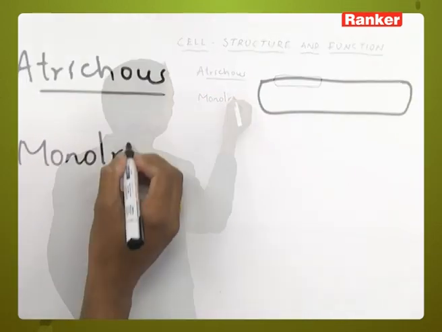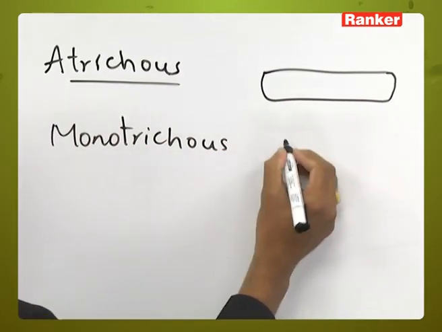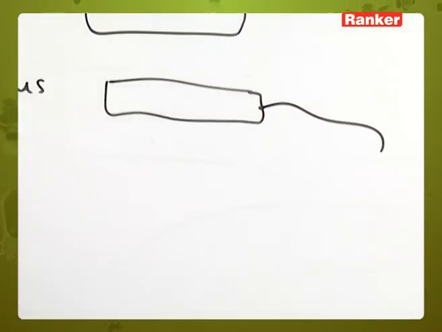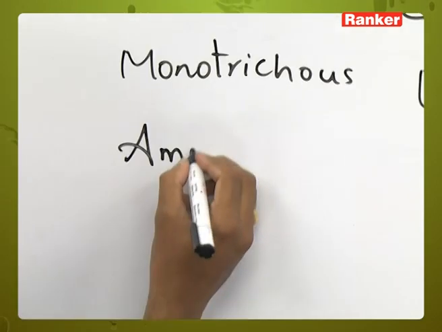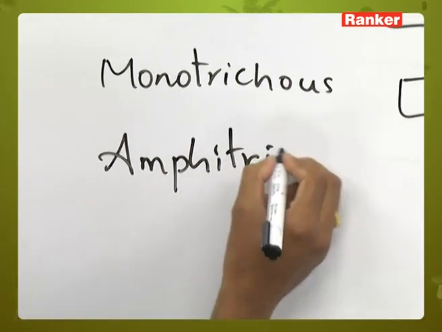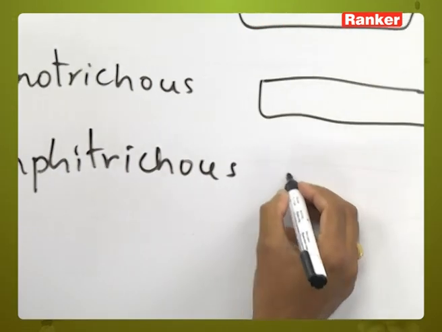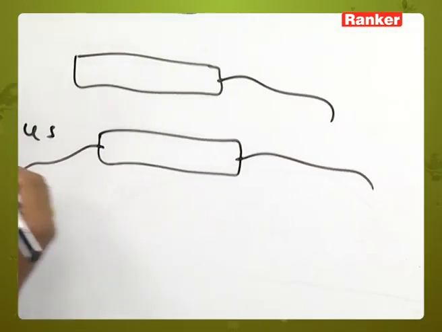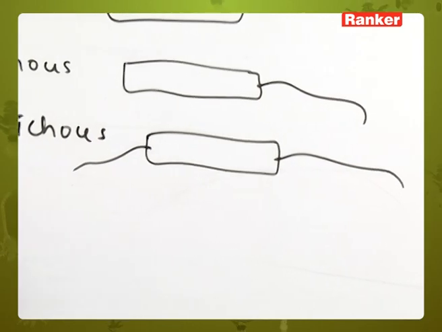Monotrichous: mono means single, the bacterial cell contains one flagellum. Amphitrichous contains flagella on both the poles, one flagellum on each pole.